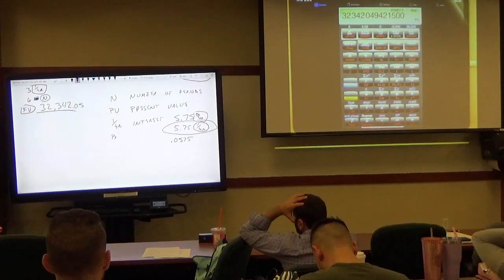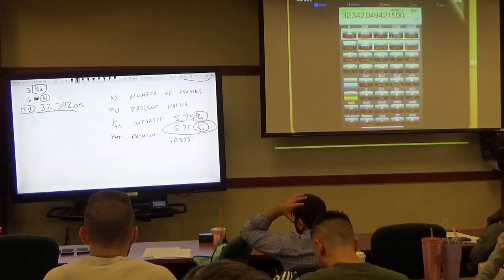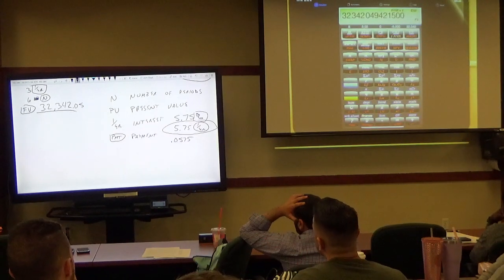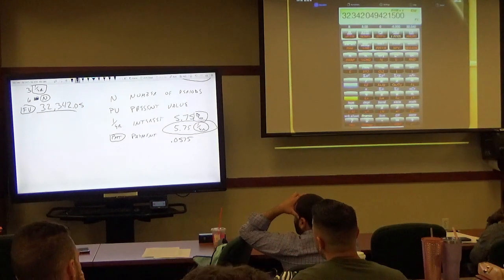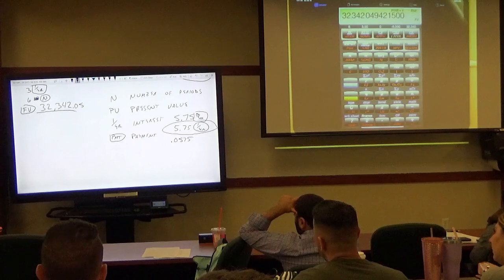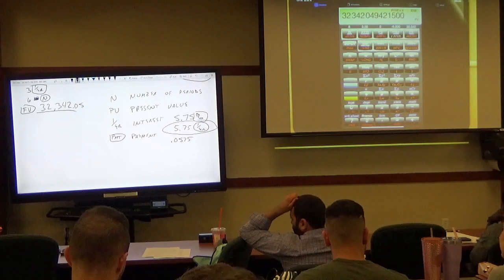So we've got payment. The payment key refers to a dollar amount either being received by you or being paid by you. It's a fixed dollar amount that recurs, like a lease payment or a mortgage payment that you would make. That would be considered a payment.